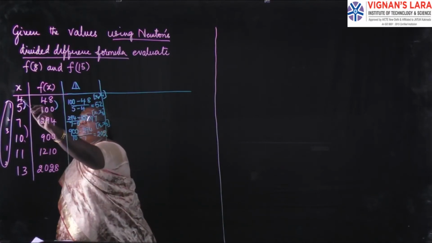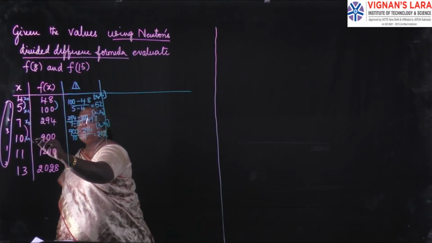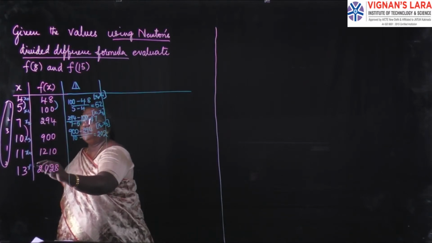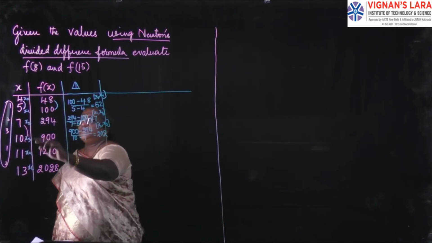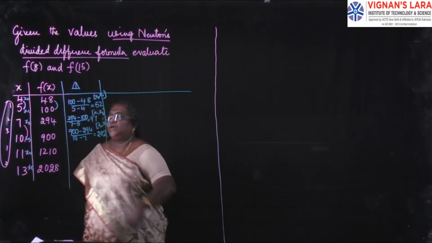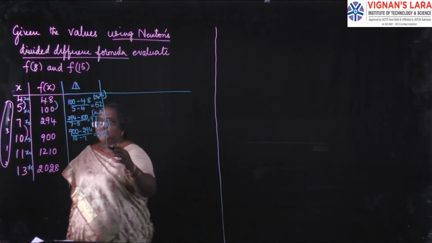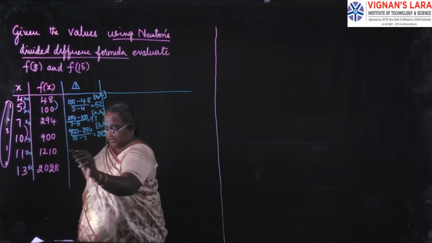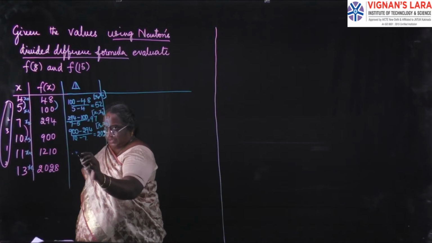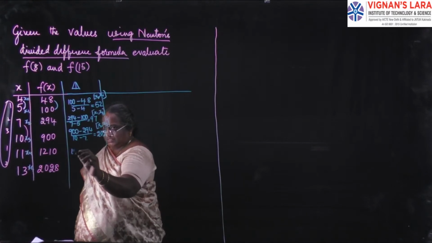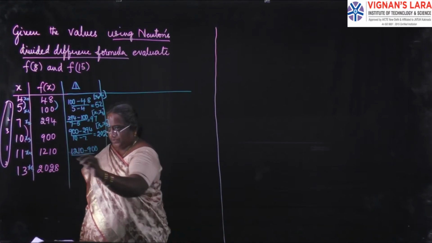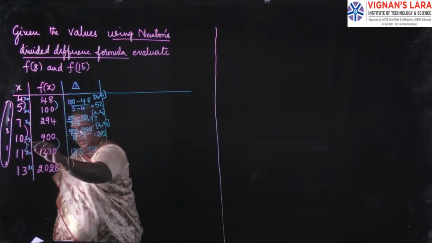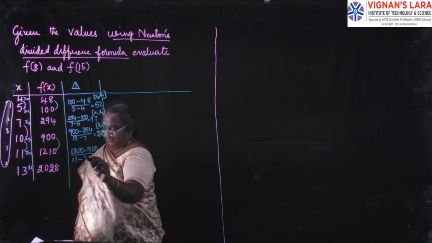So this is x0, this is x1, x2, x3, x4, x5. Next, 1210 minus 900 by 11 minus 10.